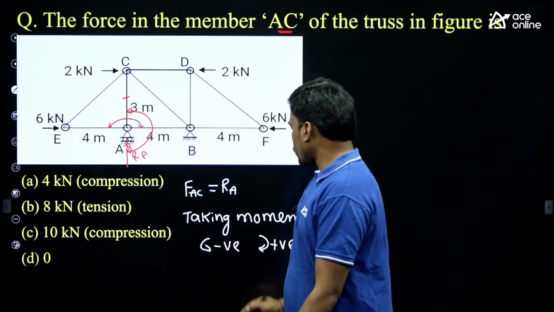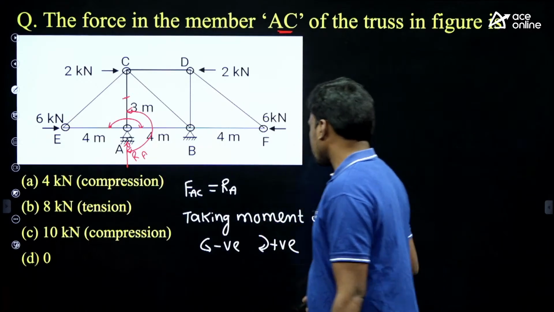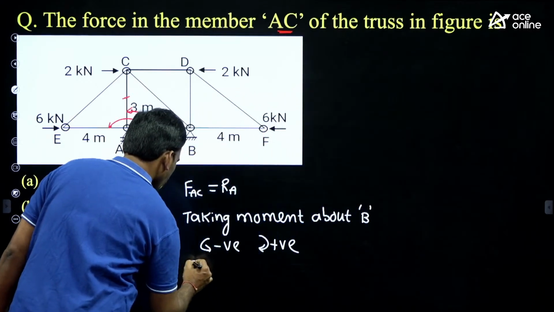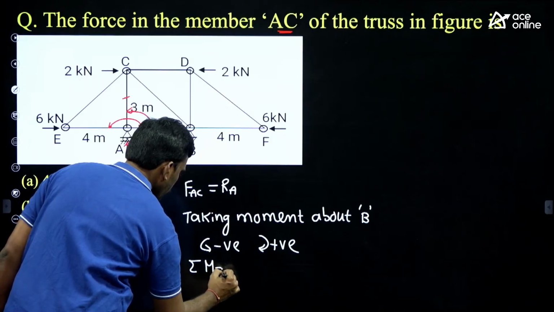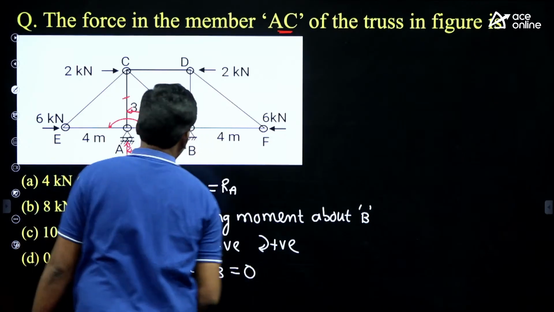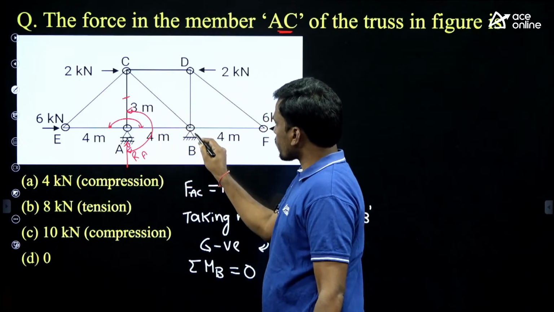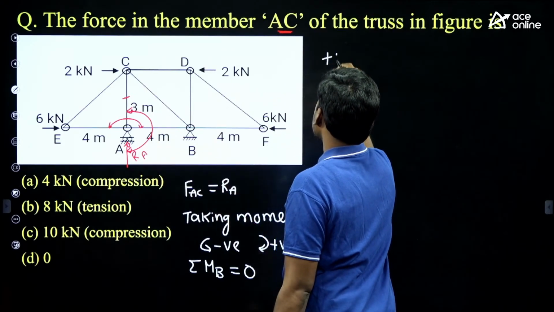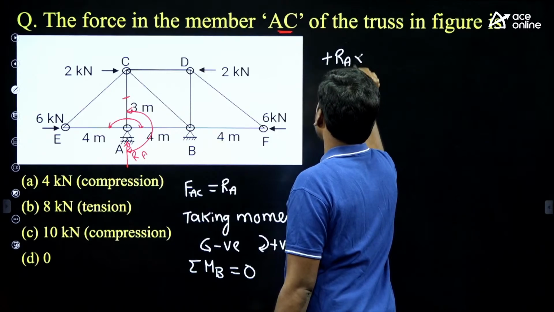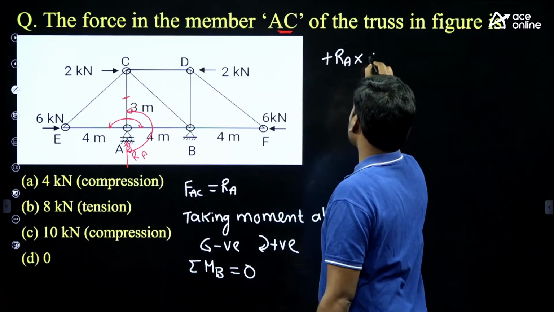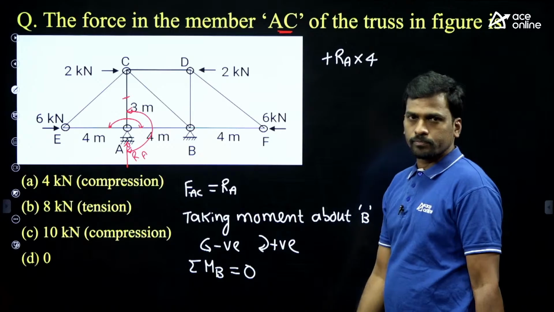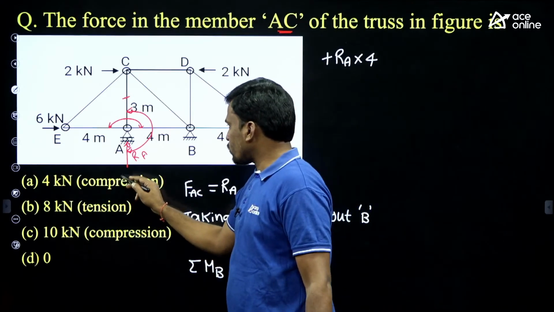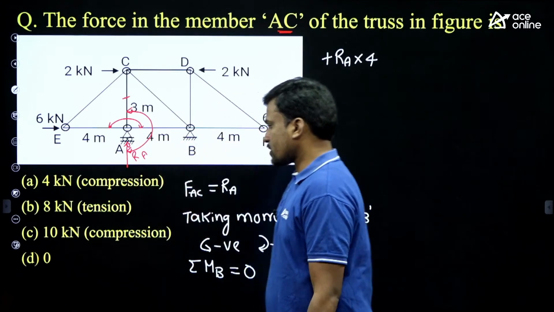Now the target is support B, right? Tell me, is RA clockwise or anti-clockwise? This is clockwise, positive. RA into the perpendicular distance up to support B, it is 4. Force into perpendicular distance.